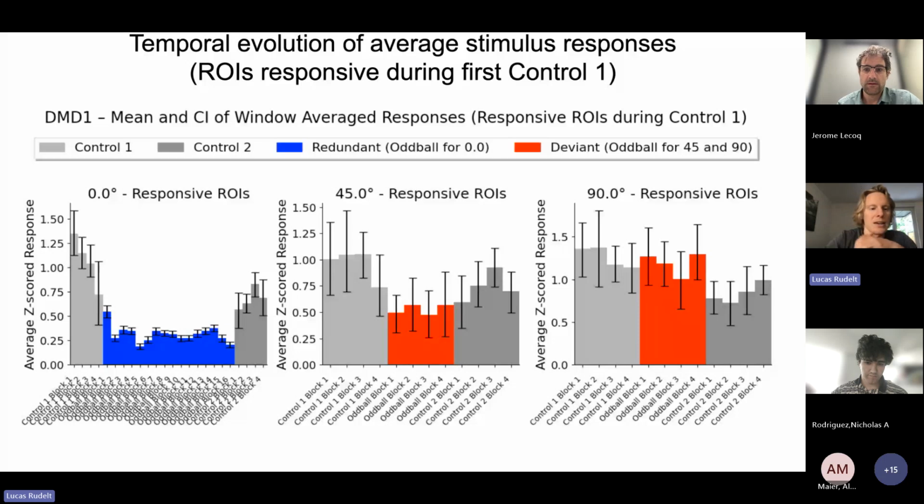And this is now shown for ROIs that are responsive during first control. And you can see that, especially for the standard stimulus, responses decrease from the beginning. Then during oddball, the overall level stays roughly constant. And then there is something like a release from the oddball happening. So responses increase slightly.